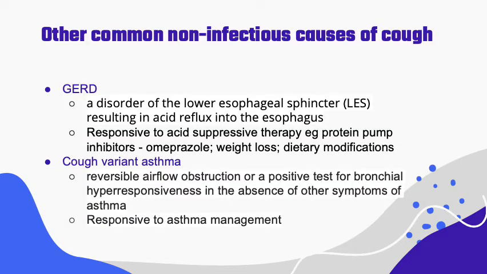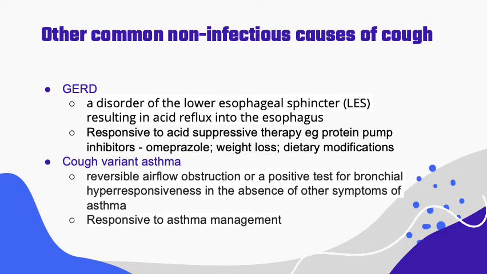Other non infectious causes of cough include gastroesophageal reflux disease or cough variant asthma. GERD typically presents with symptoms of hyperacidity associated with retrosternal pain and is typically triggered after a very large meal.